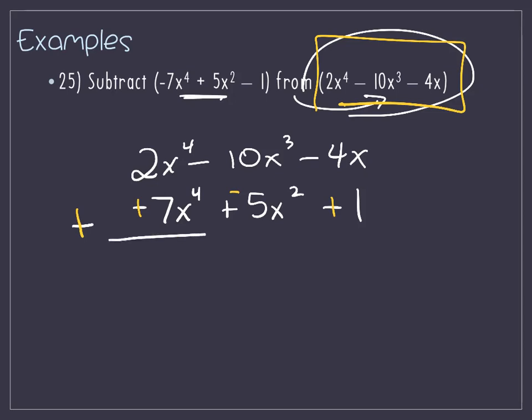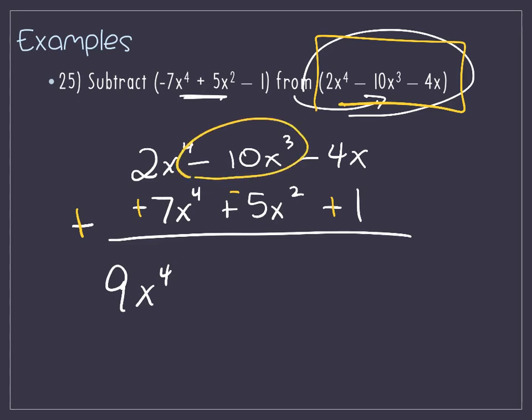Now I can combine my like terms. 2x to the fourth plus 7x to the fourth is 9x to the fourth. There's nothing to add with the negative 10x cubed. Nothing to combine with the negative 5x squared.